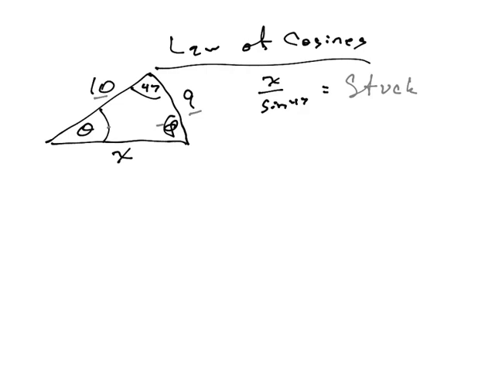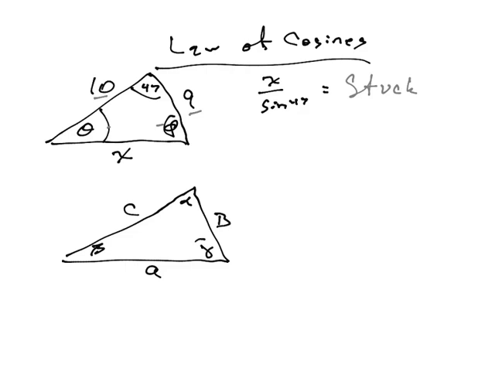Law of cosines says, for a generalized triangle, let's call this side A, and this angle alpha. Let's call the other sides B and C, with angles beta and gamma.